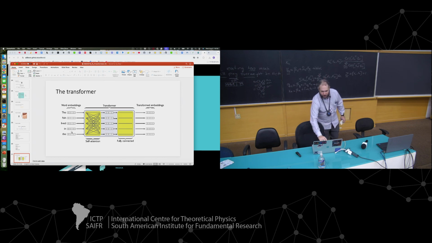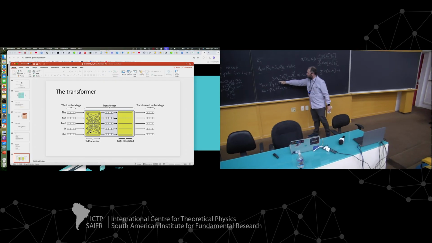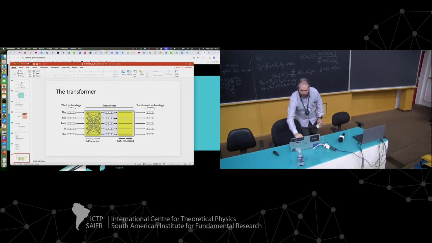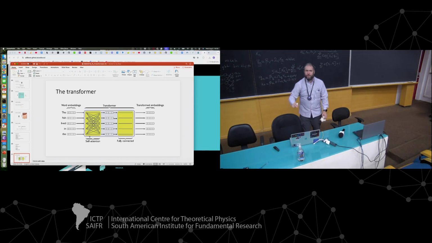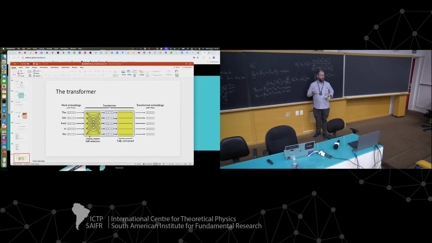Then you will pass this into the self-attention that we have just mentioned. So you will compute the self-attention for every single word, just given by this formula. This is what this layer here is doing, and it's going to take into account the correlations between the different words.